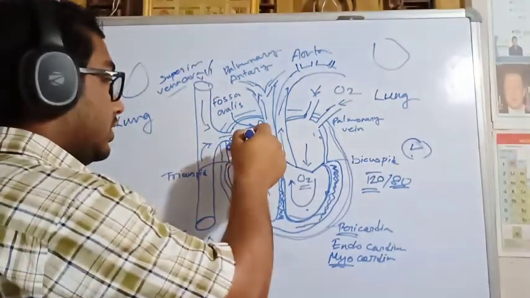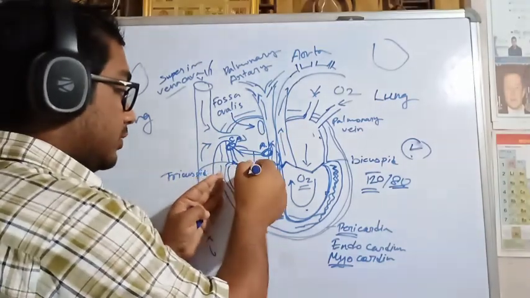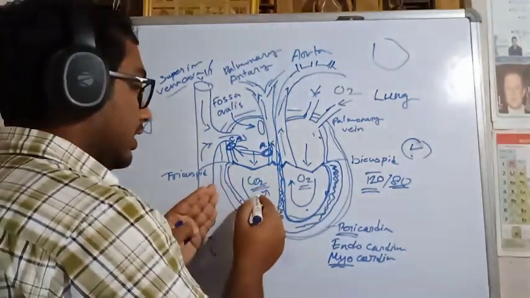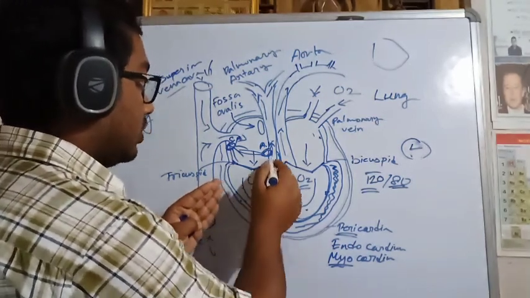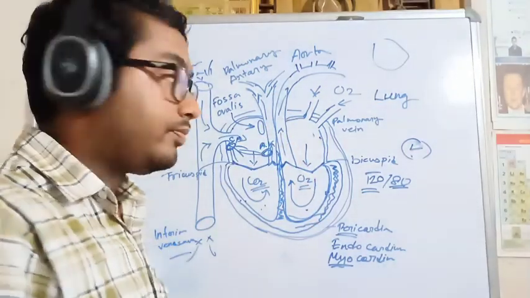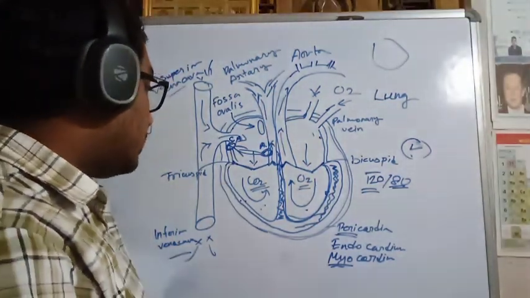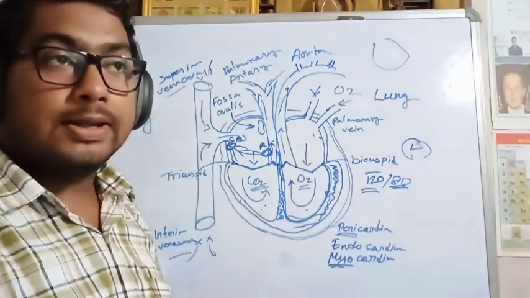It comes to the right atrium, and after that through the tricuspid valve to the right ventricle, and from the right ventricle through the pulmonary valve to the lungs for purifying the blood. So that's all about the circulation of blood.